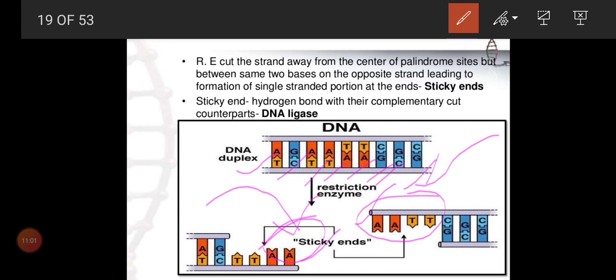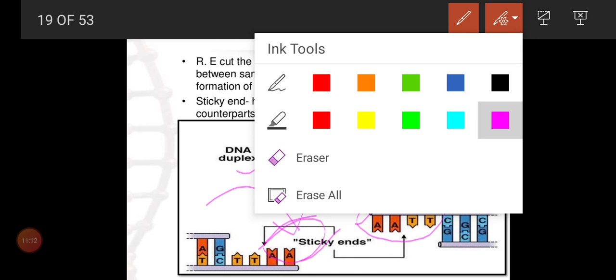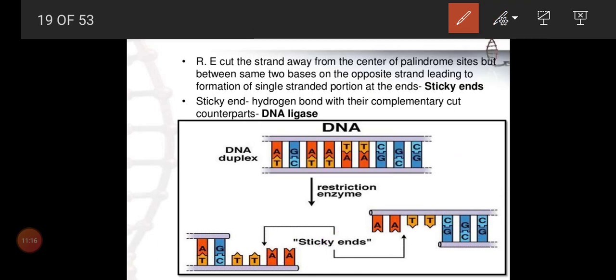And normally, now read it, ATGC, ATTA, TA, we can see first one. Now I'll erase so you can see clearly. We'll use red color. So these are 1, 2, 3, 4, 5, 6 base pairs.